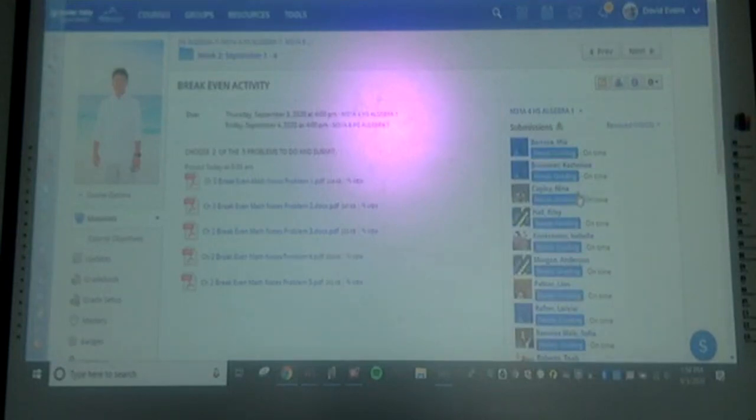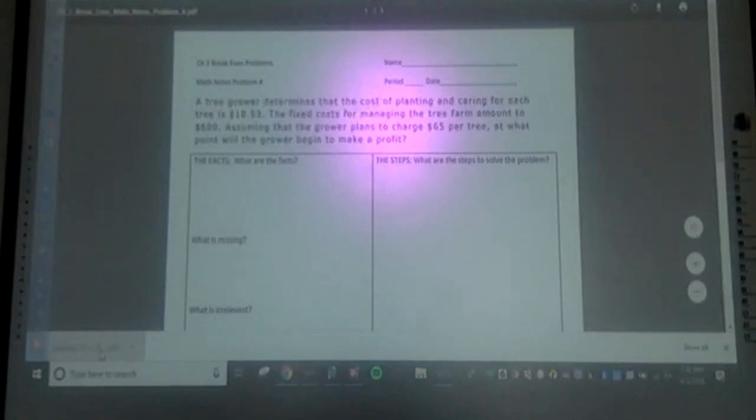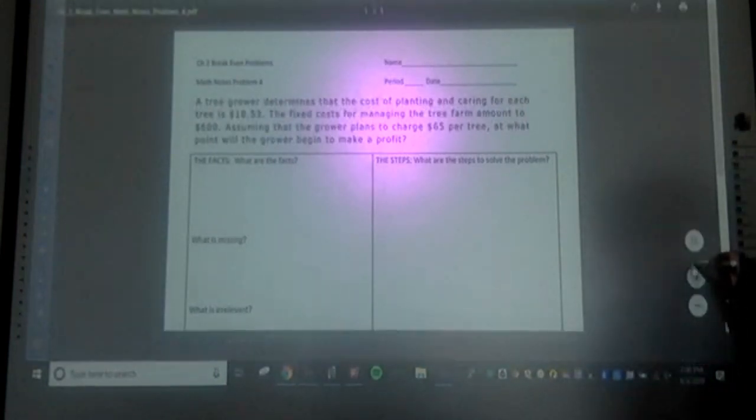So we don't have to do any of the things like the diagram or the hidden questions and stuff. Yeah, no. Just write the equation. You're good. Cool.